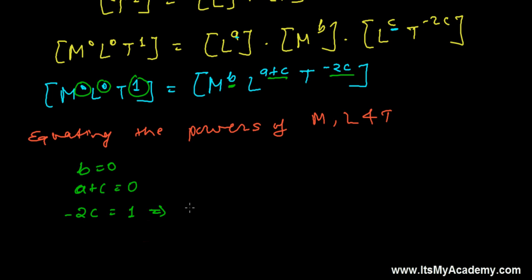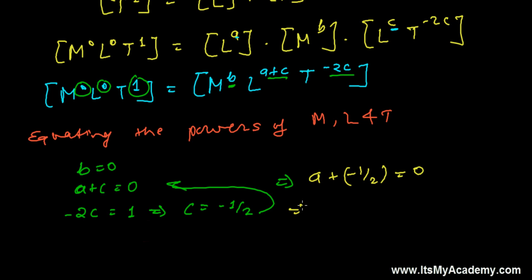From here we get c equals minus half, and using this relationship, a plus c, that is a minus half, equals 0, so a equals plus half. And b we know already, that is 0, and c is minus half.